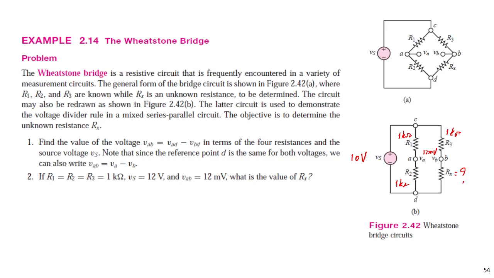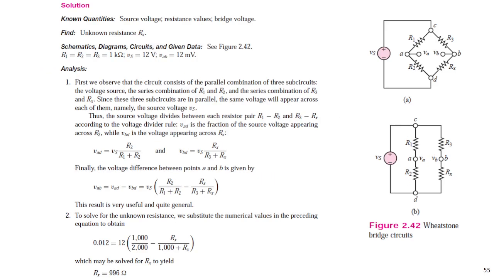One way to get Rx is to use the voltage divider. The voltage across R2 is VAD.